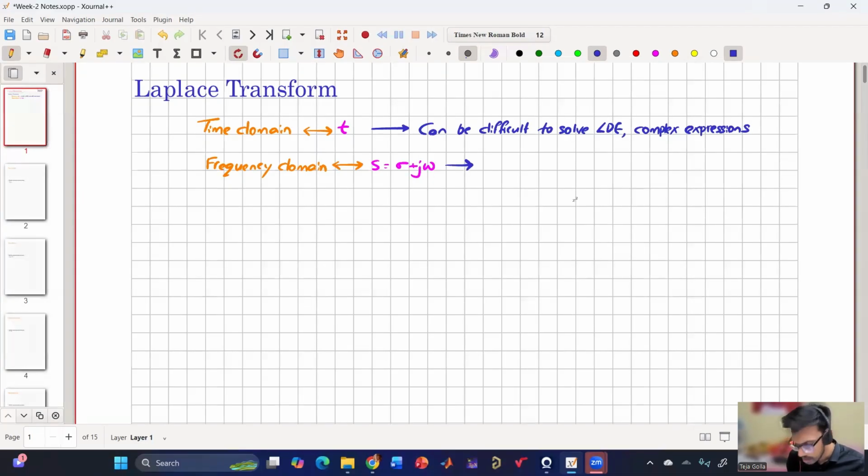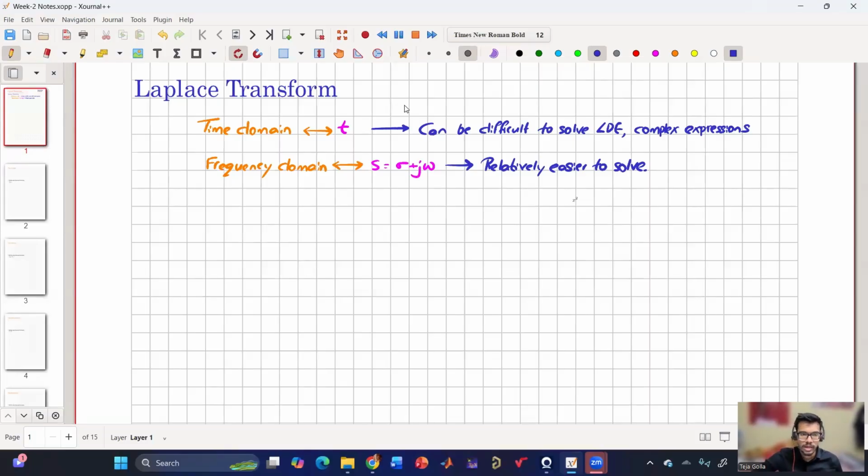So in this case, it becomes relatively simpler because all our differential equations will become algebraic equations. So it is relatively easier to solve.